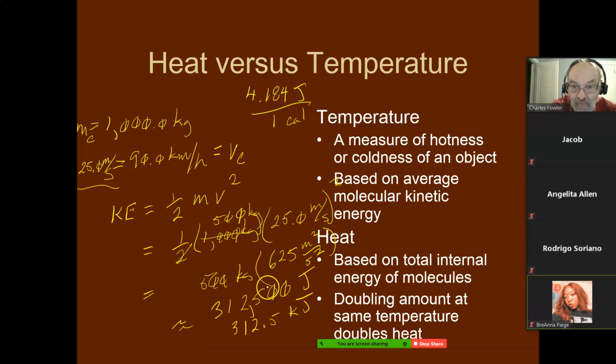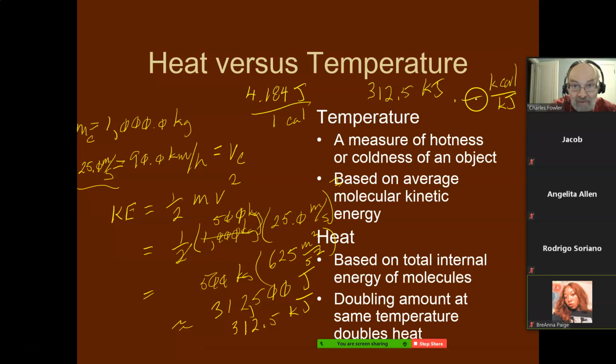We have kilojoules here, so I want to flip those over. So we have 312.5 kilojoules, multiplied by blank over blank, and we want the kilojoules on the bottom and kilocalories on top.